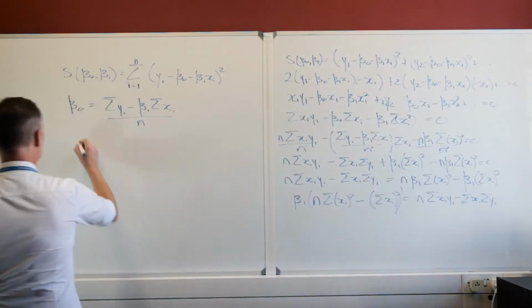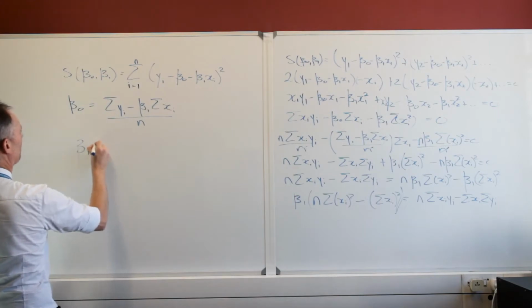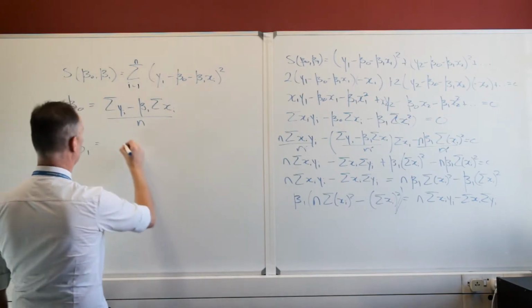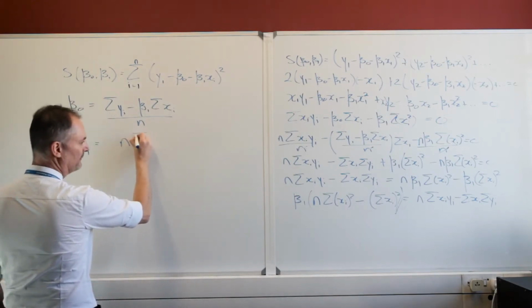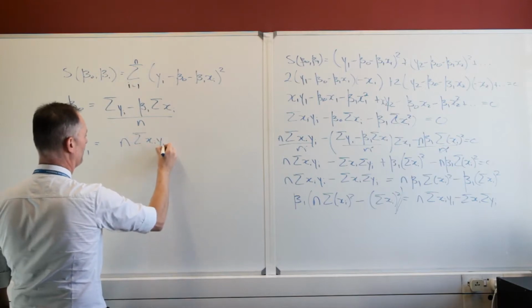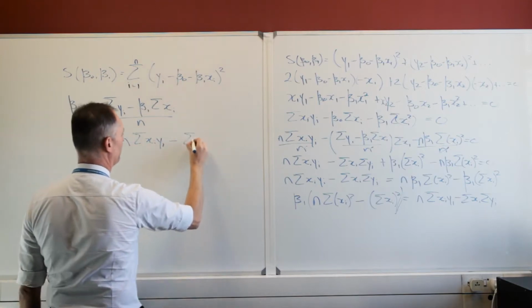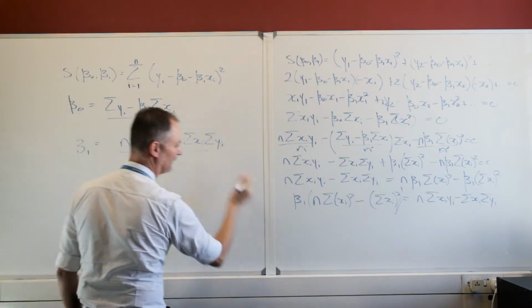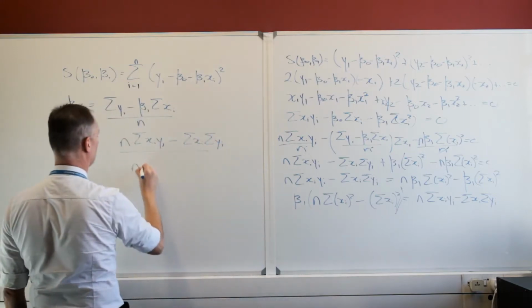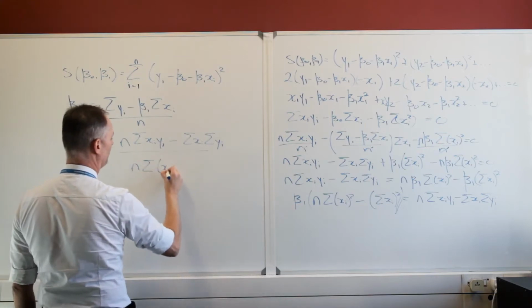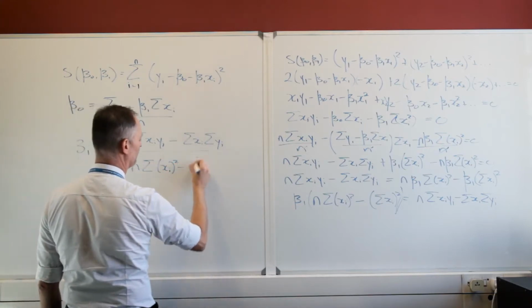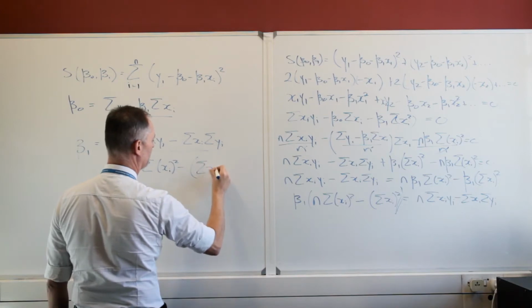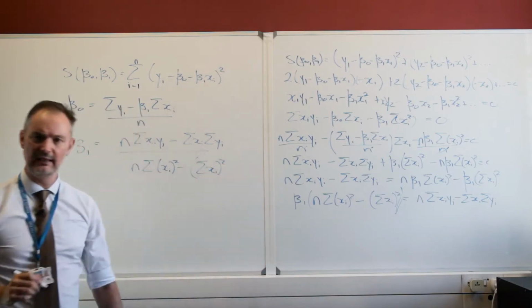So I'm left with beta sub 1 equals n times the sum of x sub i, y sub i, minus the sum of x sub i, sum of y sub i, and I divide that all by this, which is n times the sum of x sub i squared minus this summation squared. And there you have it.